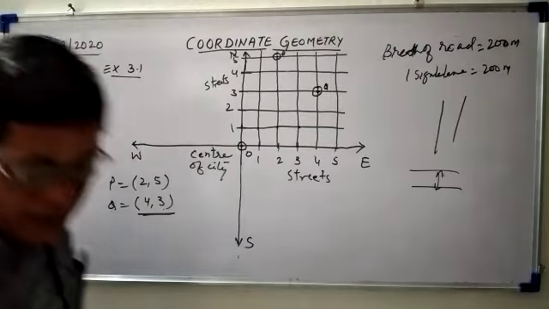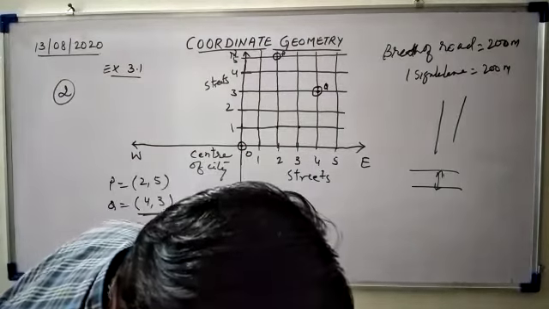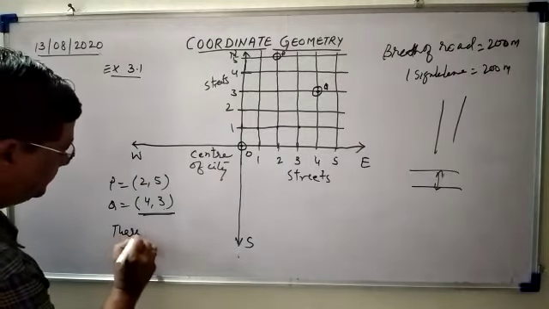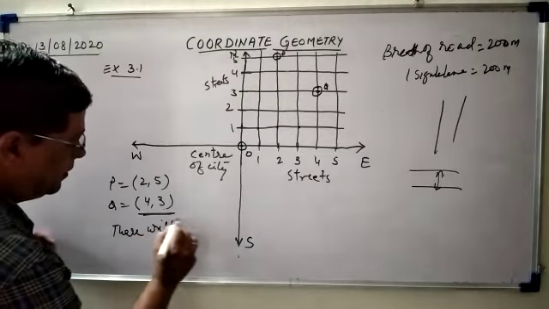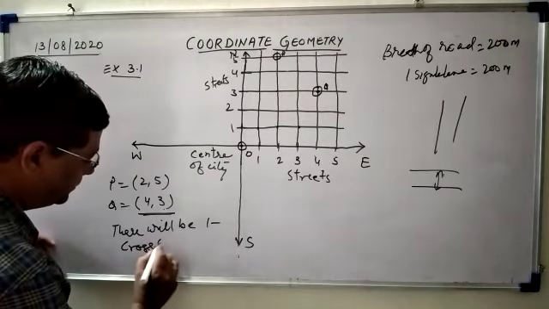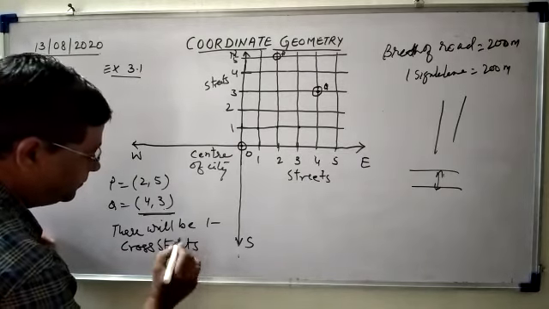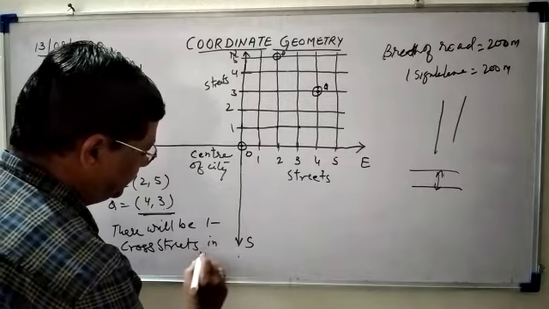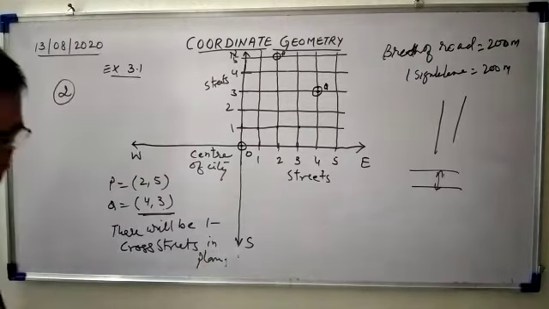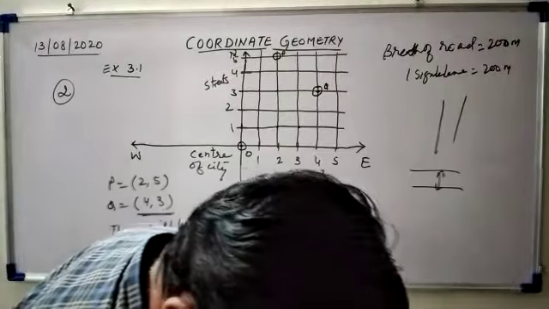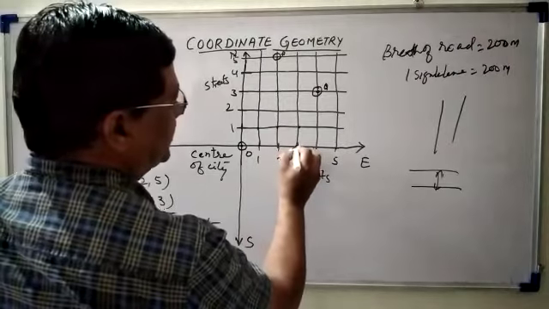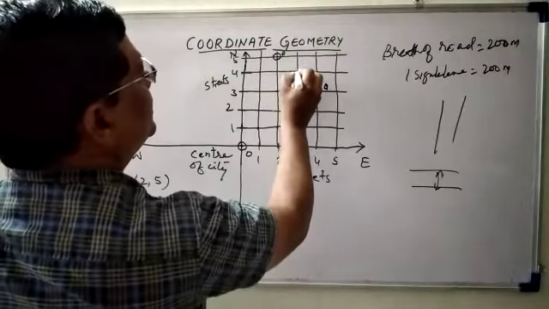There will be only one cross street in the plan. Now the second part: how many cross streets can be referred to as 3, 4? 3 is the third street and 4 is this cross.